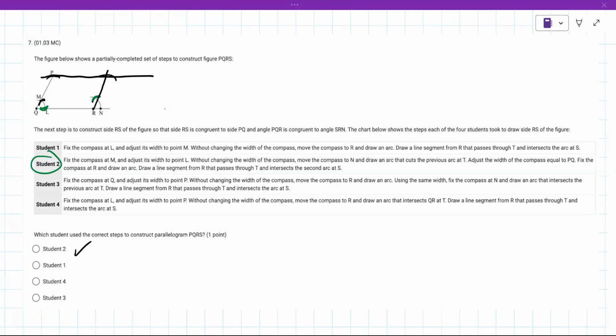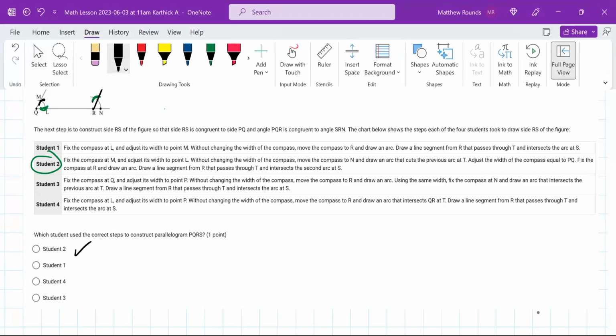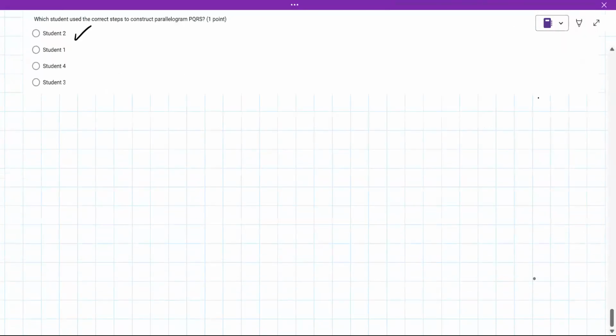All right. One lesson to go over a little bit more might be the advanced constructions lesson, the 01.03, going over that a little bit more.